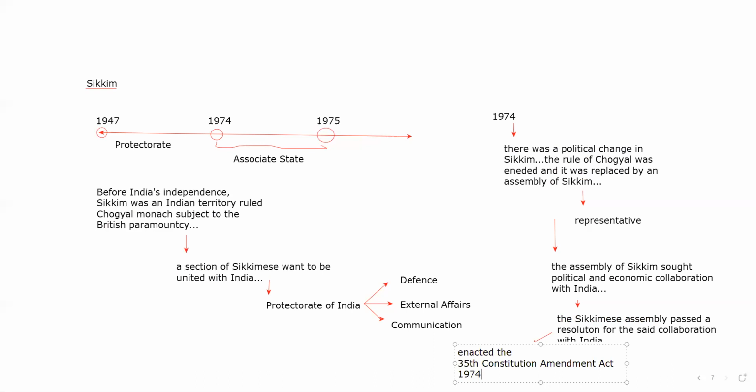So that is the point here, associate state. And as far as the associate state was concerned, there is one more important thing. Let me tell you what we have discussed so far: Sikkim became an associate state.